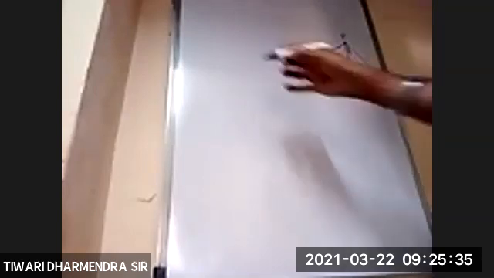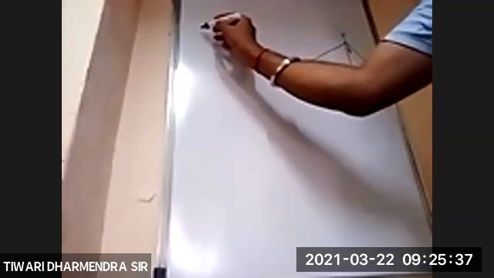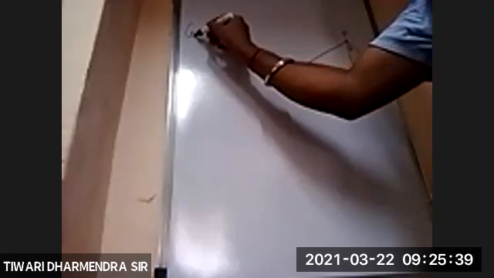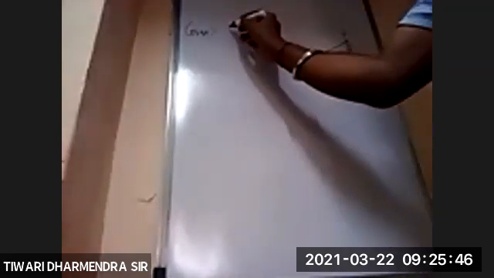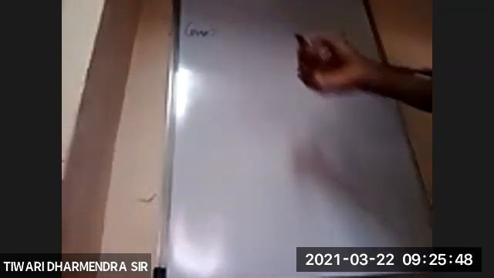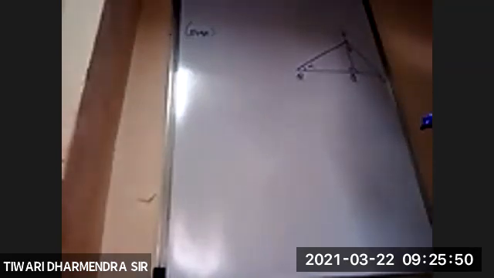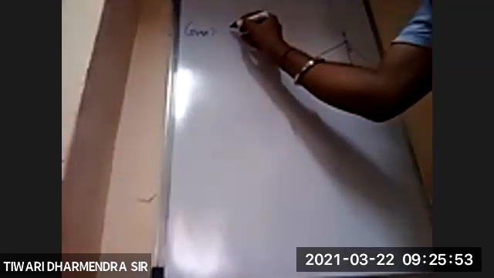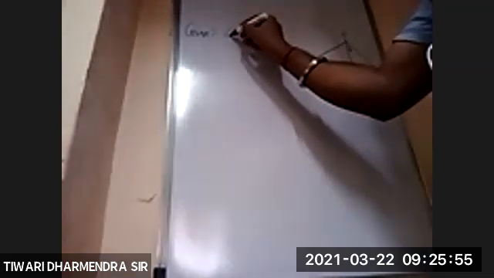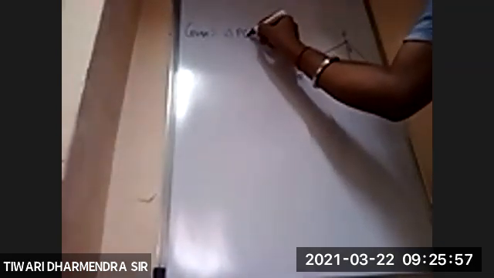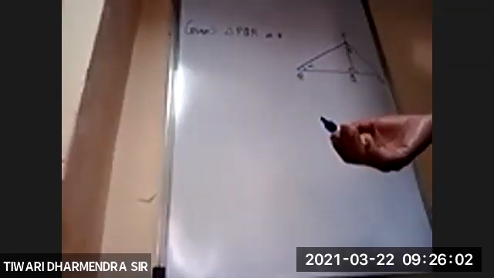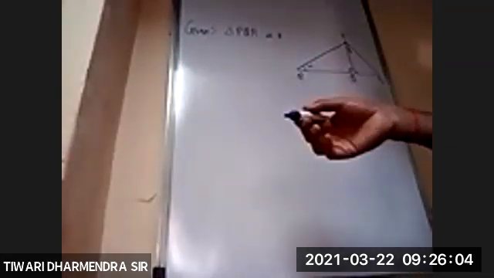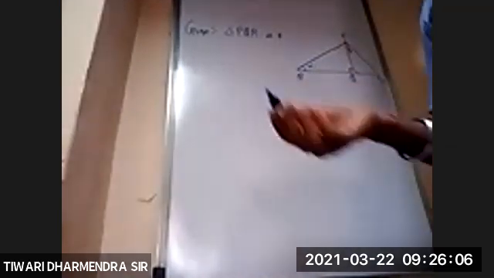Given part. Triangle PQR is a, this is our understanding: if any angle of a triangle is 90 degrees, then we can say that triangle is a right angle triangle.